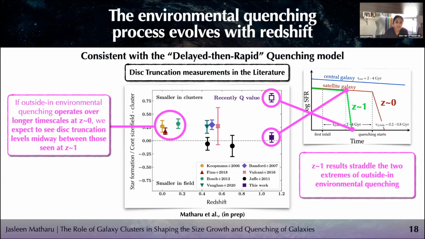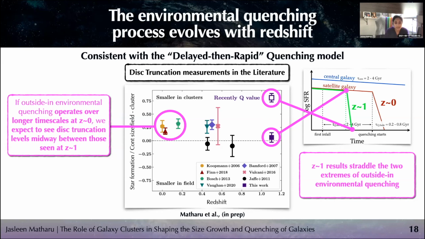What's interesting is that these results are consistent with the delayed-then-rapid quenching model. This plot shows a compilation of results in the literature that use the same technique as us of measuring the spatial extent of the star-forming disk versus the stellar continuum in clusters and field star-forming galaxies over a wide range in redshift. In the delayed-then-rapid quenching model, our redshift 1 result for star-forming and recently quenched cluster galaxies represent the two extremes in the range of disk truncation values we can expect to measure from outside-in environmental quenching.